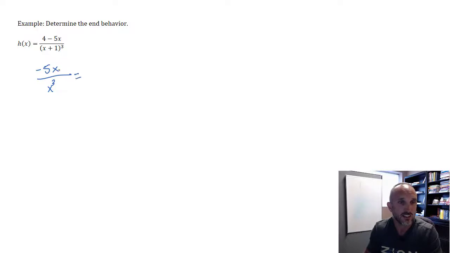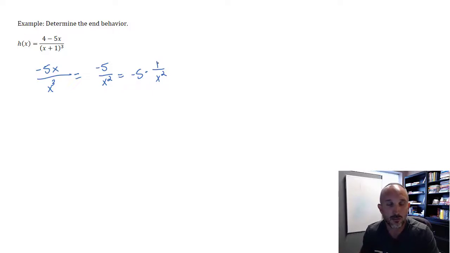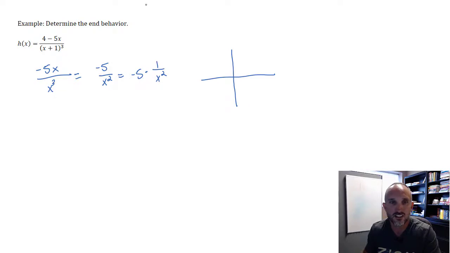And if we simplify that, we cancel the x on top with one of the x's on bottom, we get negative 5 over x squared, which is the same thing as negative 5 times 1 over x squared. Now, because our leading term simplifies to give us 1 over x to a power, the ends are going to approach 0.